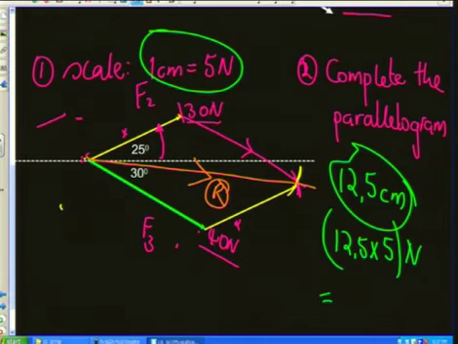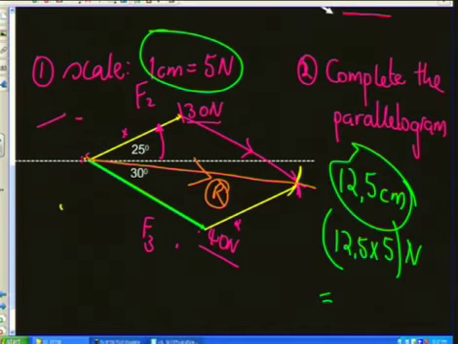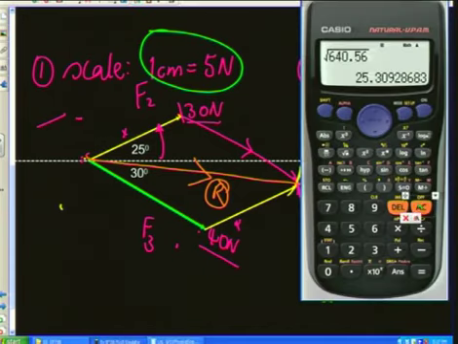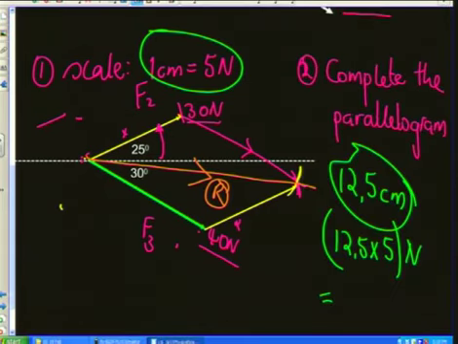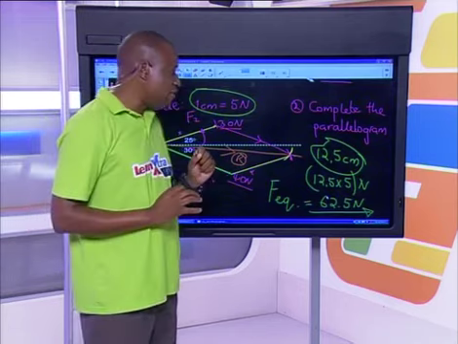Let's work it out on the calculator: 12,5 times 5, and the answer is 62,5 newtons. That is your equilibrium. So the magnitude of your equilibrium is 62,5 newtons.